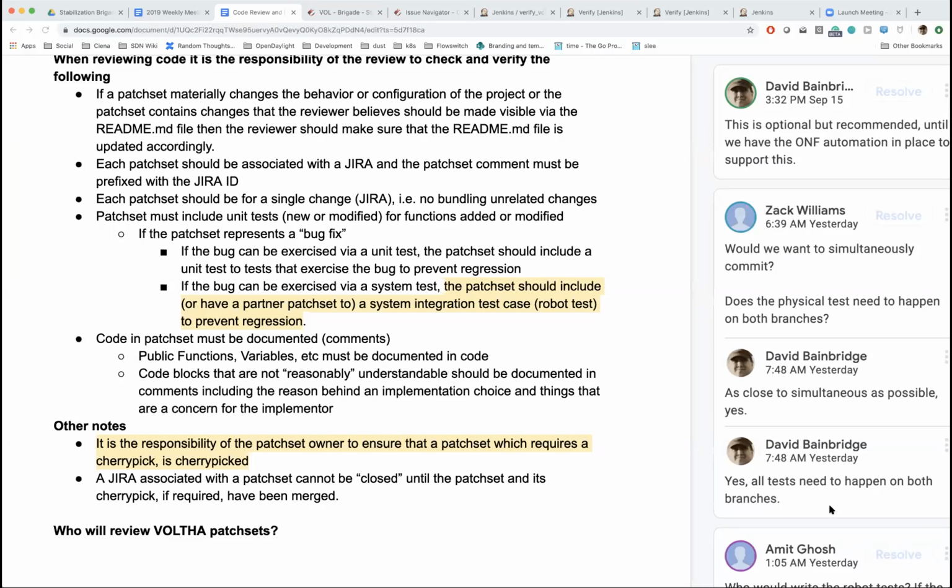But when a patch set goes through the verification process, we'll eventually have both a verification step against a simulated target and a hardware target. So the patch sets should be verified against each before they get to submit ready, if you will. Does that make sense?